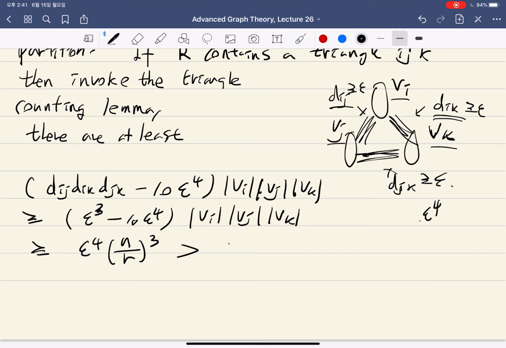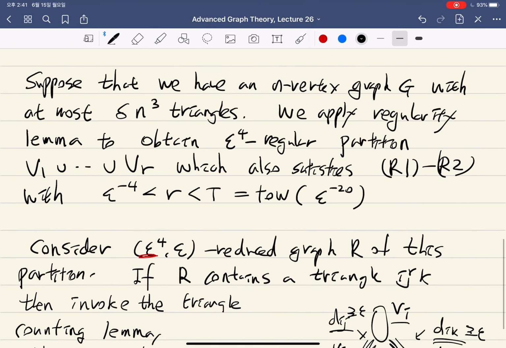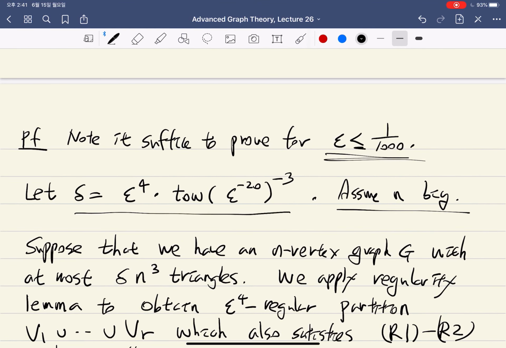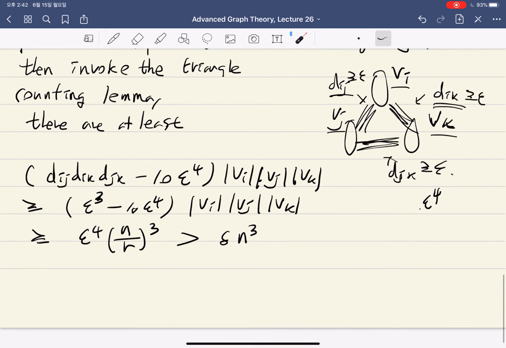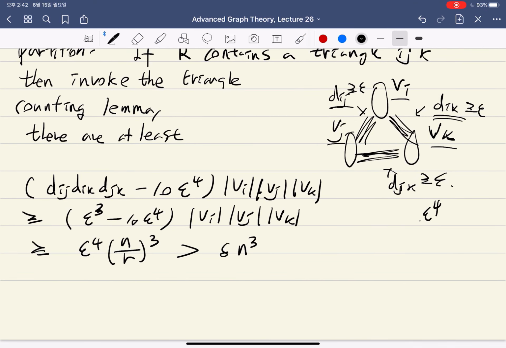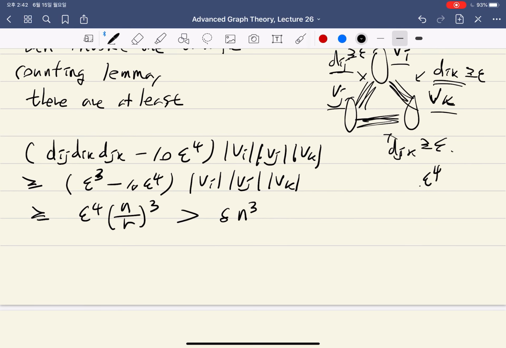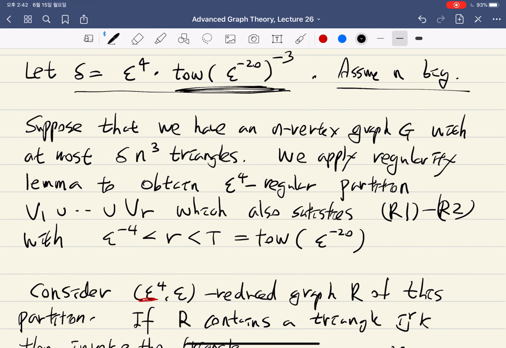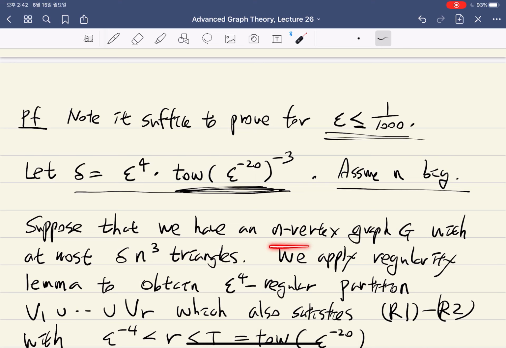Then what's this? This is actually bigger than delta times n cubed by our choice. Remember that r is at most the size of this tower, and we have epsilon to the 4 here. So this many triangles. But what have we assumed? We assumed that it has at most delta n cubed triangles.